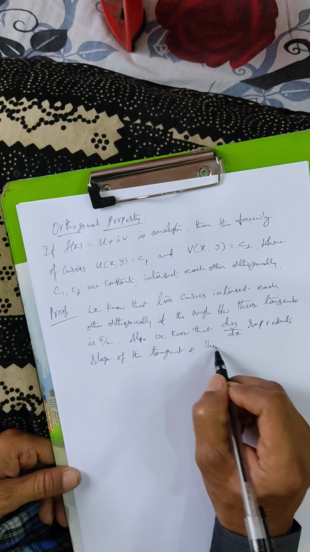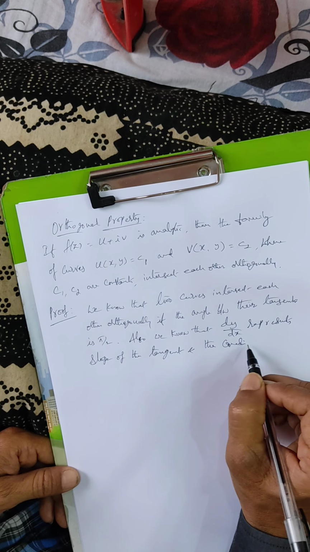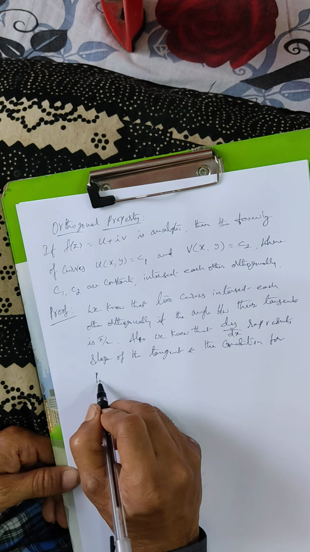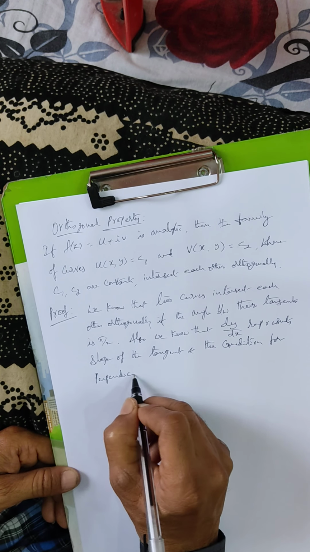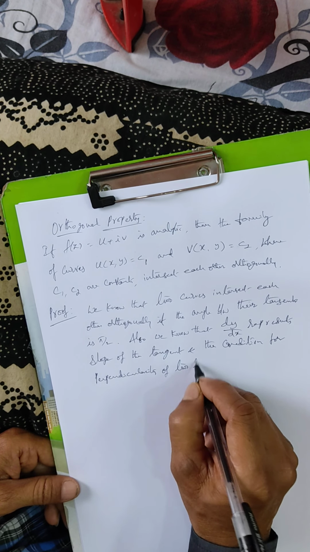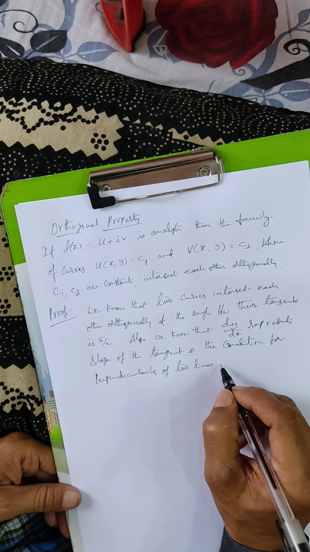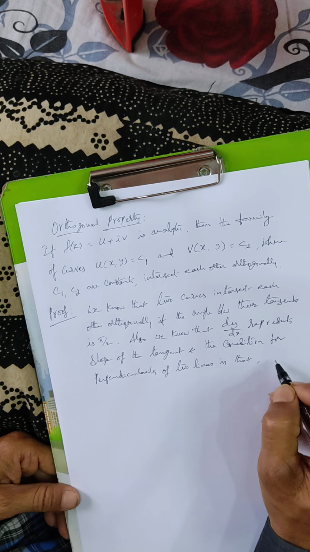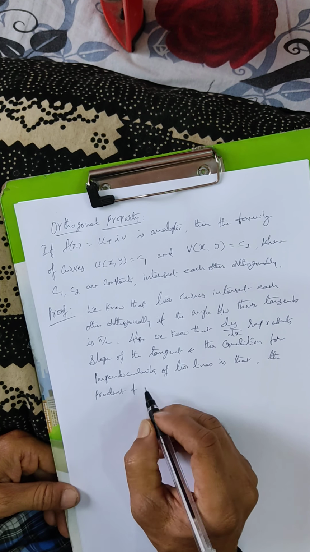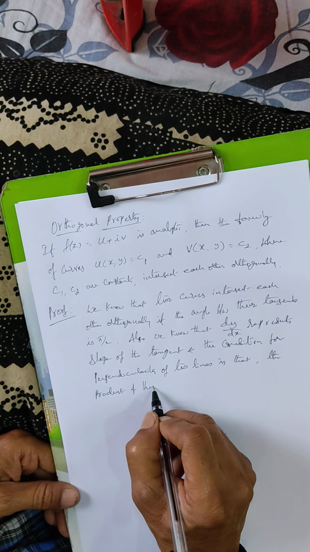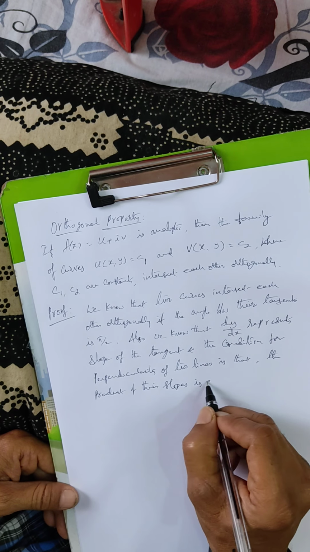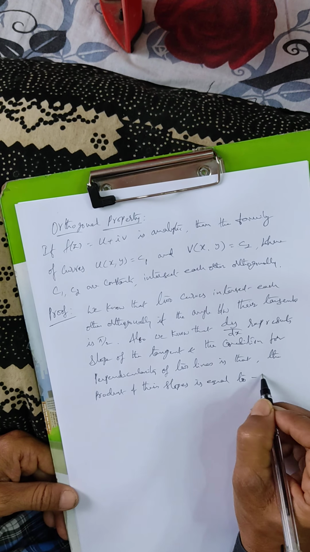And the condition for perpendicularity of two lines is that the product of their slopes is equal to minus 1.